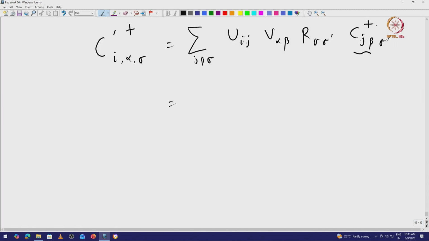So, now let us do the Fourier transformation of this. So, I will put 1 over n, k j beta sigma.